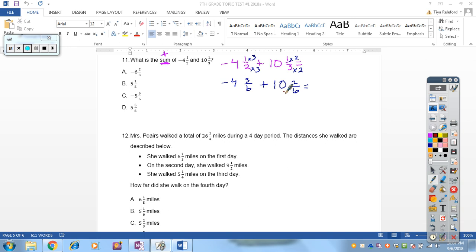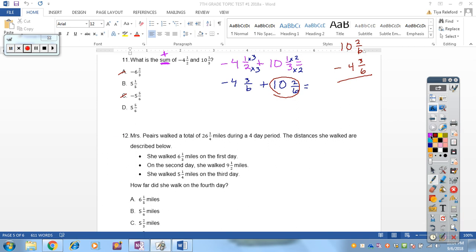So which one needs to go on top? 10 or 4? 10. And is my answer going to be positive or negative? My larger number is positive, so my answer should be positive. So you can cross 2 of these off the answer choices right away.